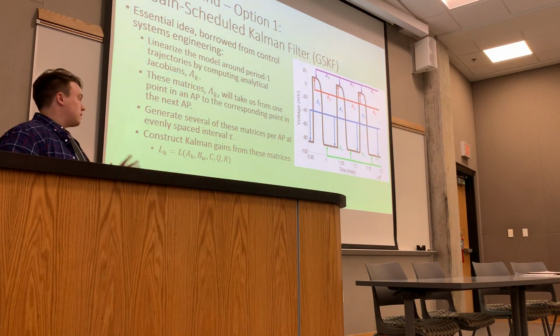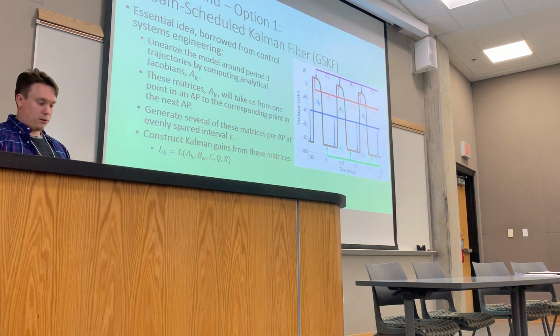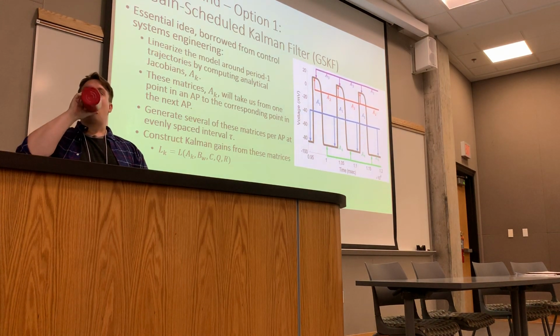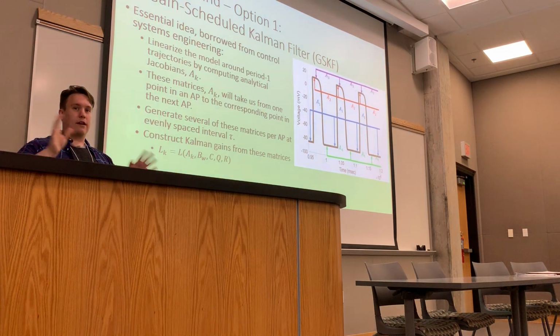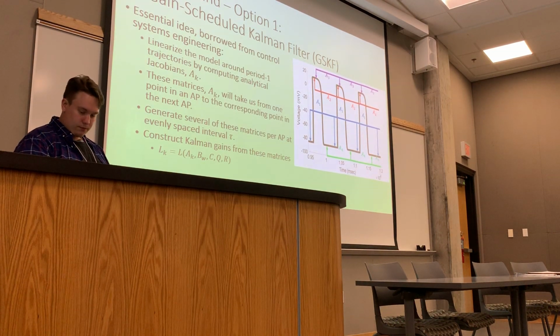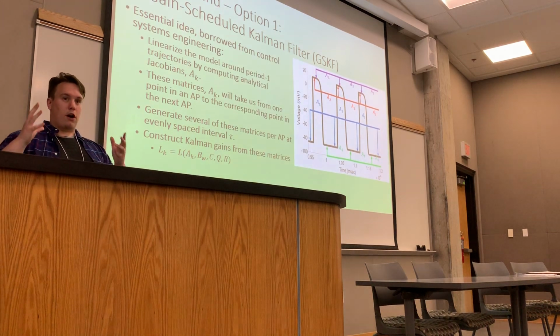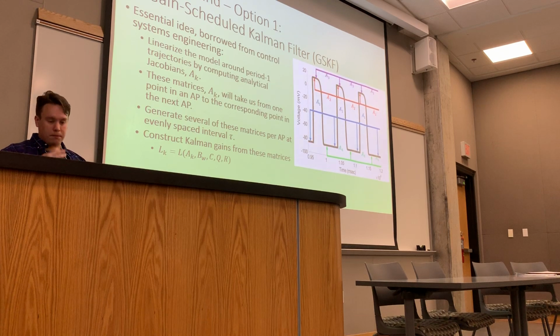And each of these matrices is going to have their own gain matrix associated with it, because each of these matrices are going to be different. So we have a lot of linear algebra going on right now. So that's option number 1. We turn our nonlinear system into an approximation using a linear system.